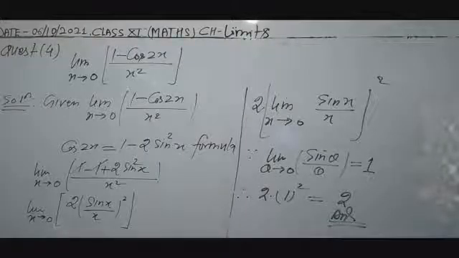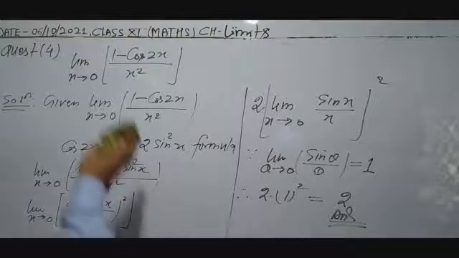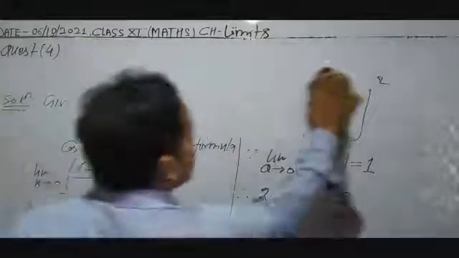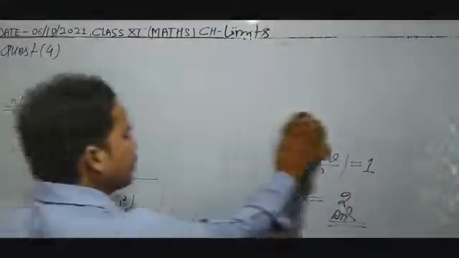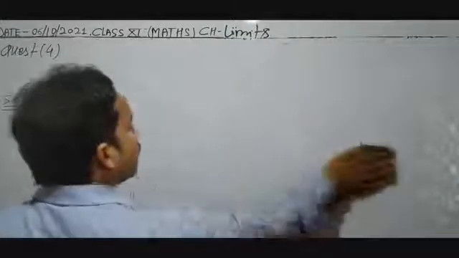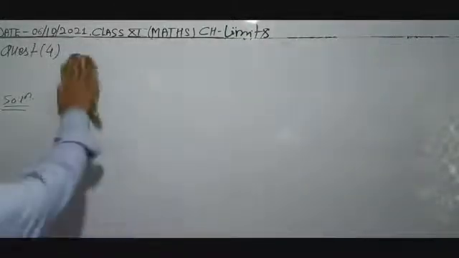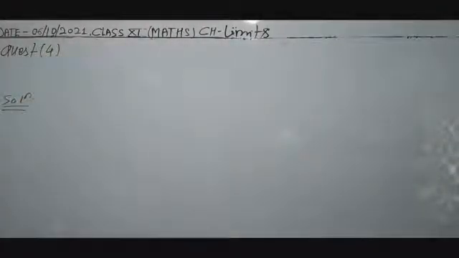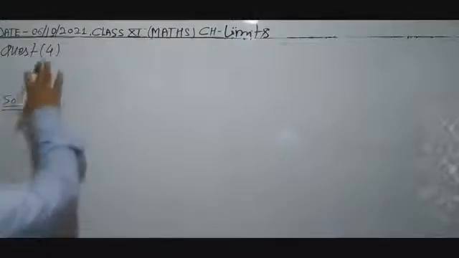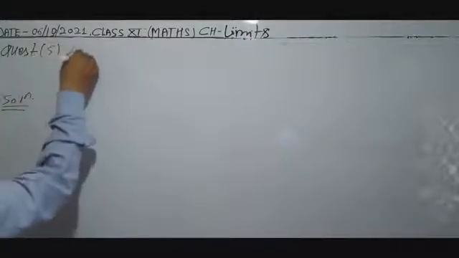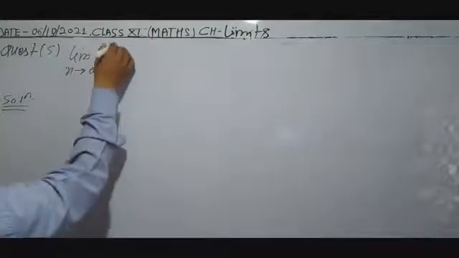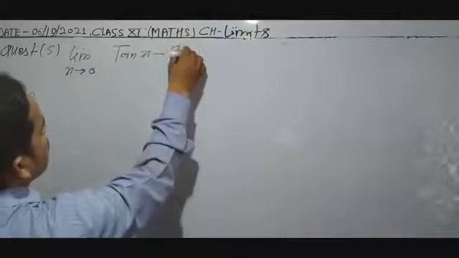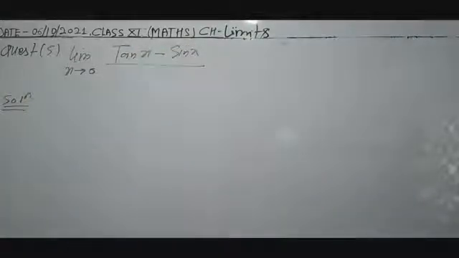Question number 5 is limit x tends to 0, tan x minus sin x whole upon x cube.